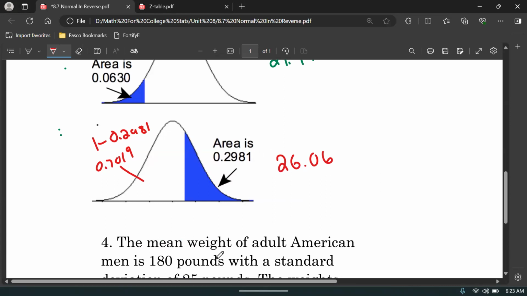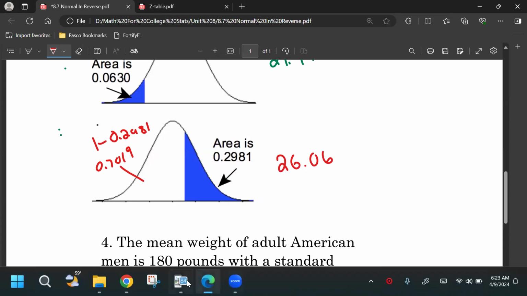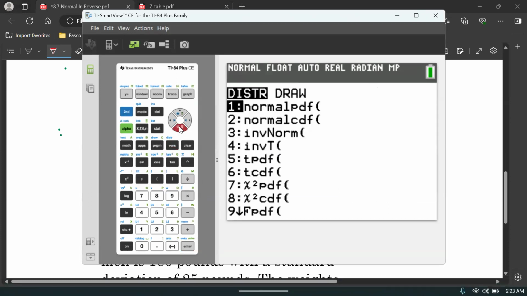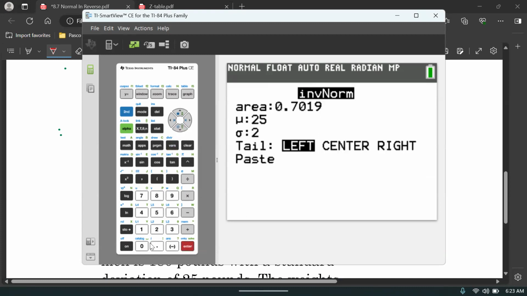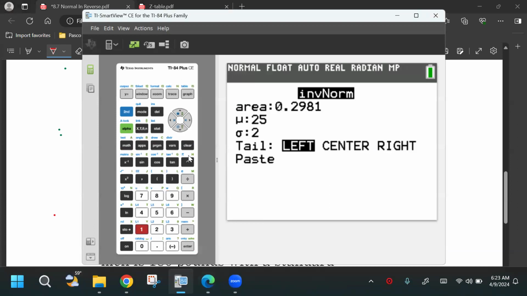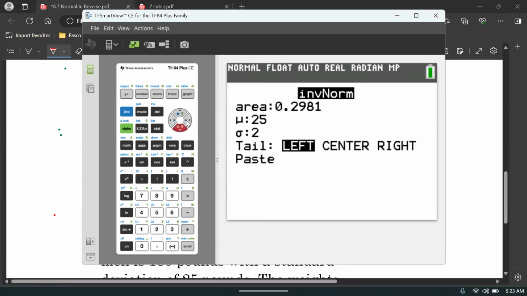But remember, if you have one of the newer calculators, of course, you can put 0.2981 into the right. So just again to demonstrate, because it is to the right, if you wanted to, you could do 0.2981, and then switch it to the right if you have that capability.